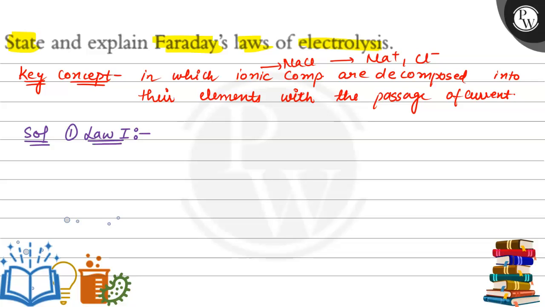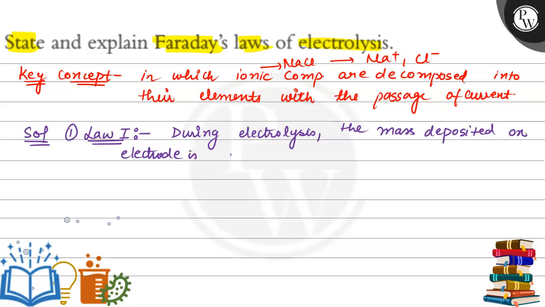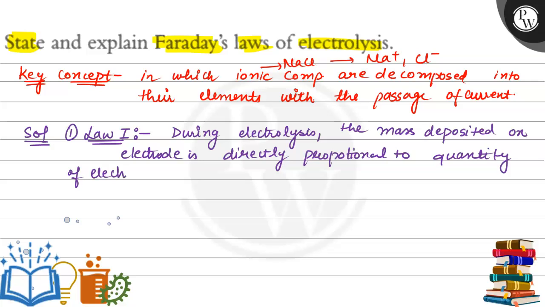Okay, so according to this law, during electrolysis, the mass deposited on electrode is directly proportional to quantity of electricity passed through it.